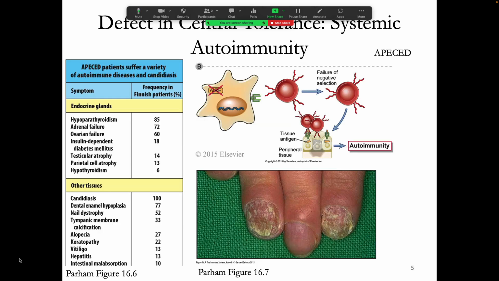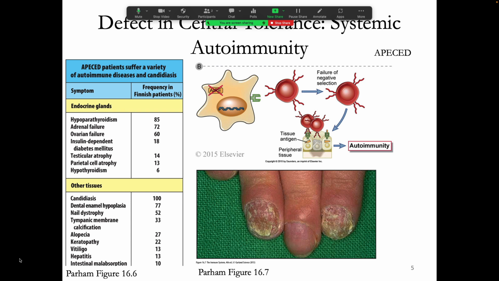One of these diseases is called APECED. You can see it in the upper right corner. You do not need to know what it stands for, but I will tell you that it stands for autoimmune polyendocrinopathy with candidiasis and ectodermal dystrophy. That big long name puts together a bunch of different symptoms.